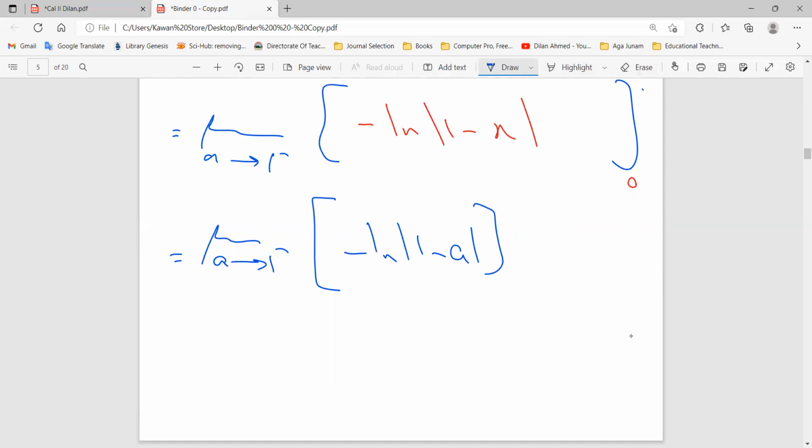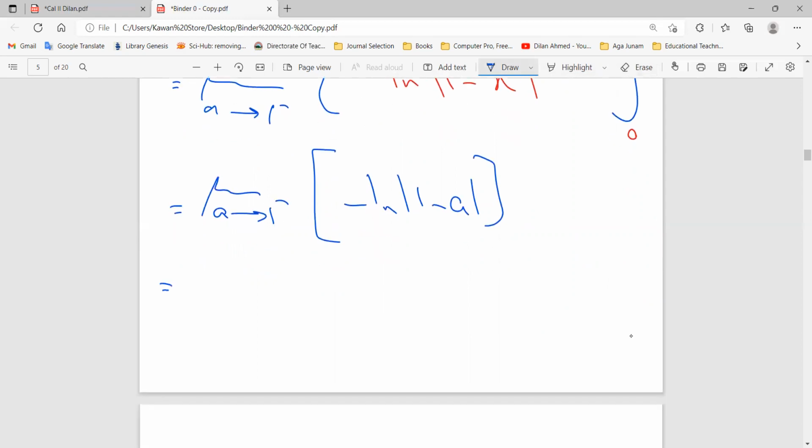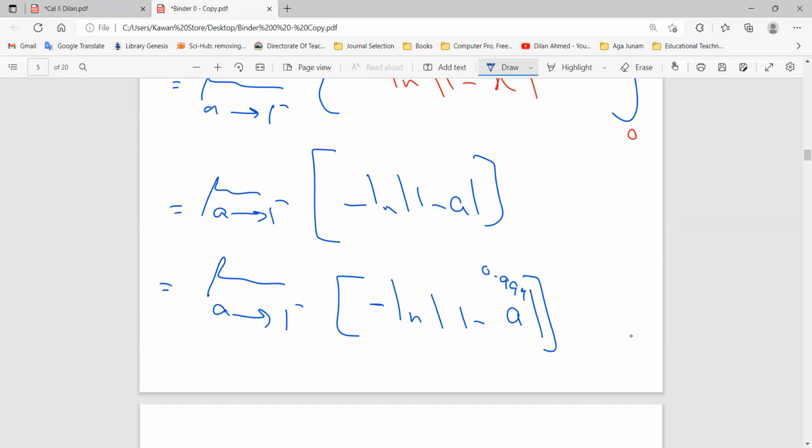Do you have any question about it? Now it's time to substitute the limit. a goes to 1, so we have minus ln of (1 minus a). That's why I say it's important to write the left and right. Now you know that 1 from the left means 0.999.